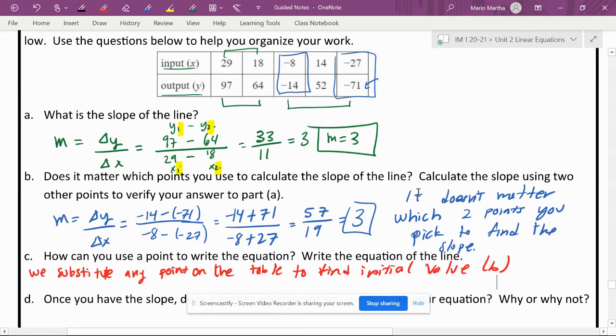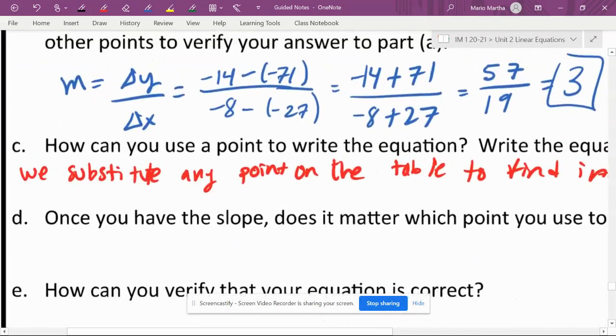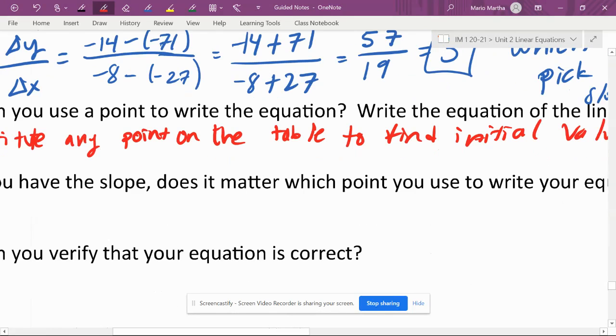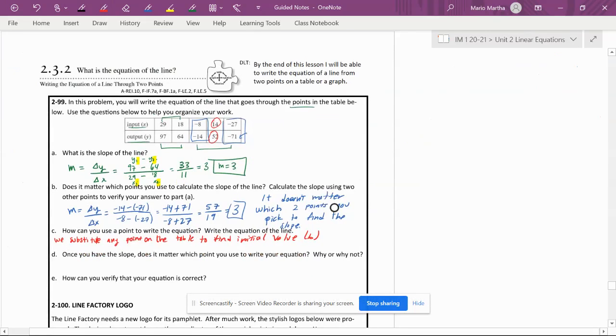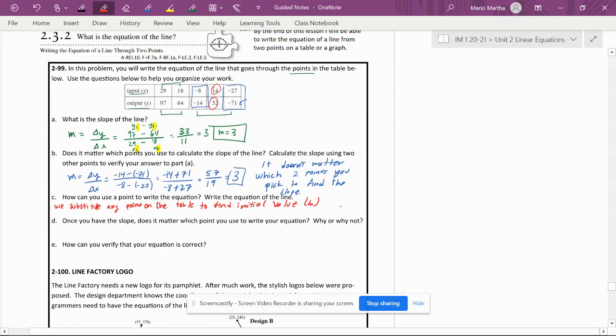So let's pick a different point. Let's do, in this case, 14 comma 52. Let me do it on the side over here so we have more room to work. So we're going to say y equals 3 times x plus b, and we selected the point 14 comma 52.